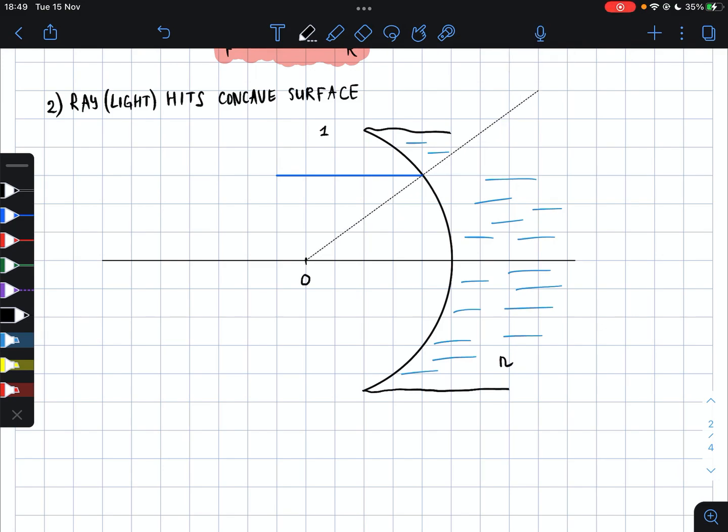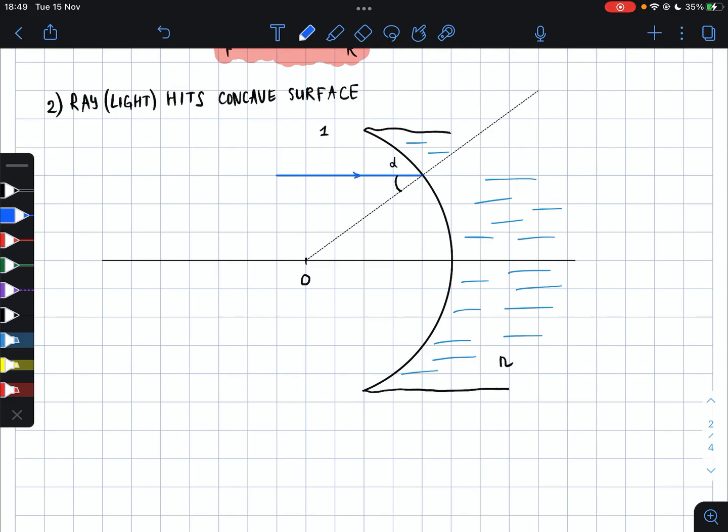Okay, this is our normal, and the ray hits this surface at some angle alpha. This is our alpha. This is the direction of our ray.